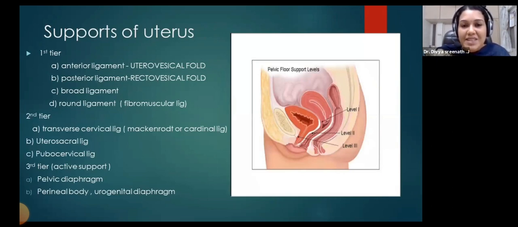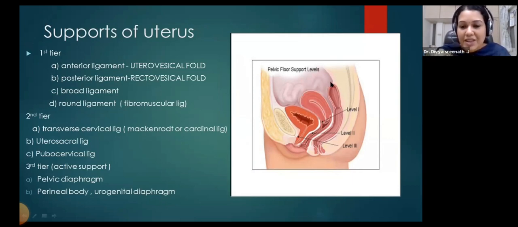Supports of the uterus: for easy understanding, we can classify the supports of the uterus mainly into three, like three tiers, like three seats in a train. One is up to this area. Here we can already see the anterior uterovesical pouch or uterovesical fold, also known as the anterior ligament.